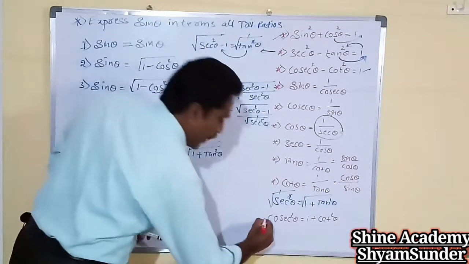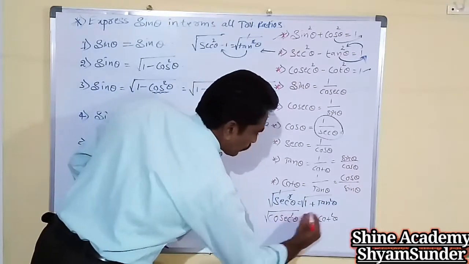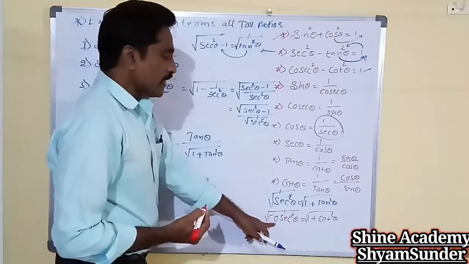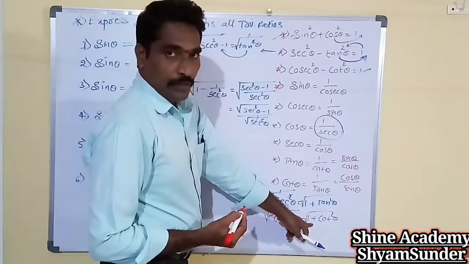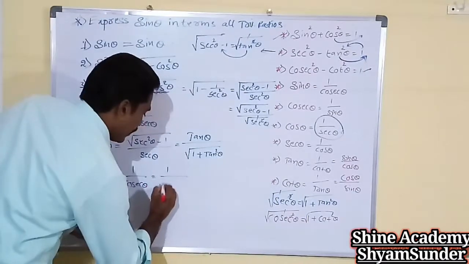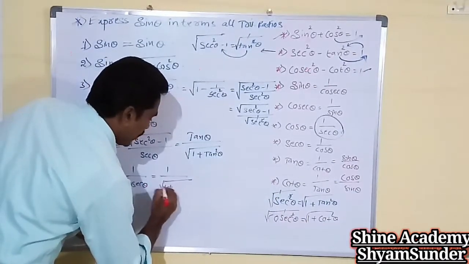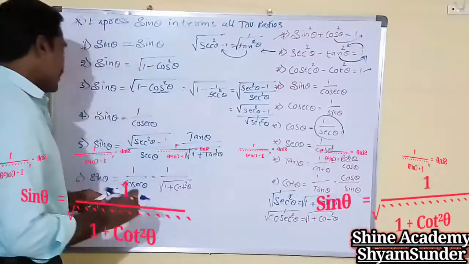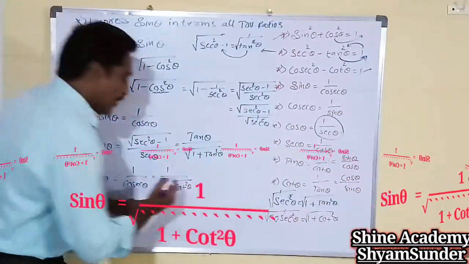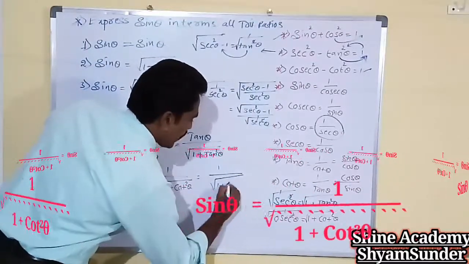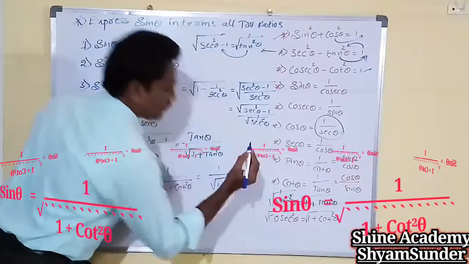By taking square root on both sides, the square and root will be cancelled on the left side. Then cosec theta is equal to under root of 1 plus cot square theta. So here the denominator we can write as under root of 1 plus cot square theta. So we expressed sin theta in terms of cot as 1 by under root of 1 plus cot square theta.